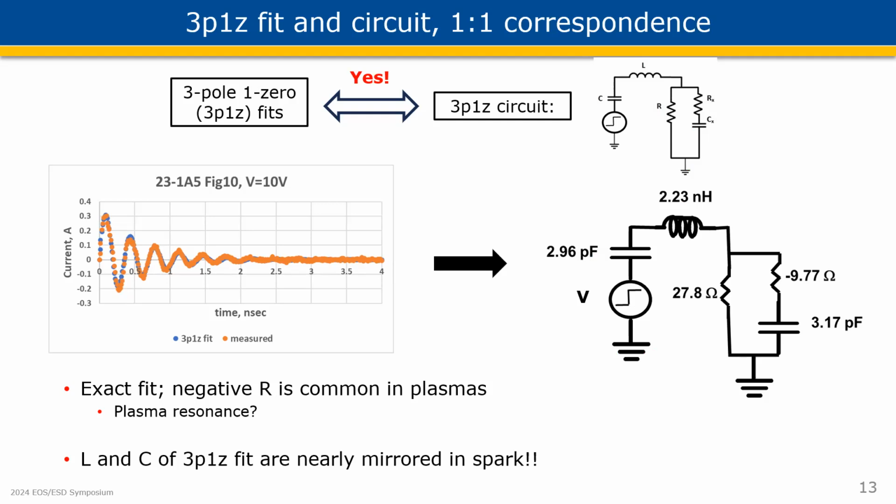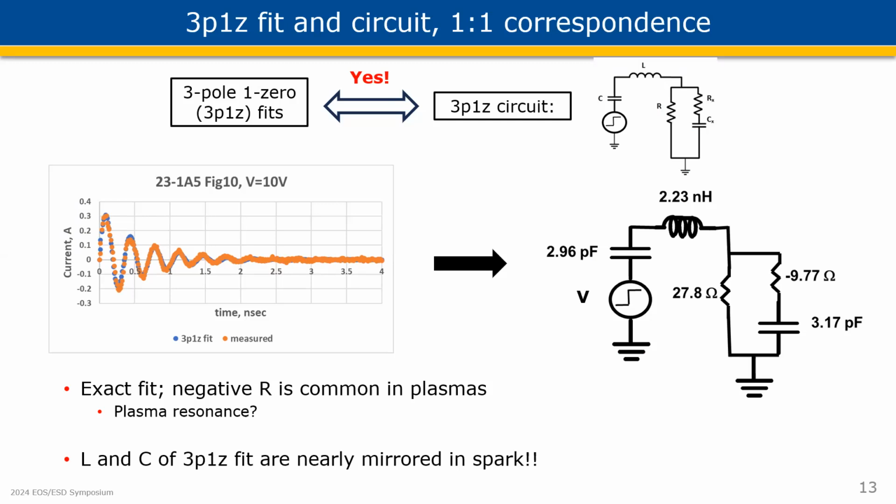But over in the spark half on the right, we have another capacitor that's kind of a mirror of the fixture capacitance that we know so well. And there's a negative resistance in that outer RLC loop, so that's why the vigorous oscillations, and then those are drained off by the 28 ohms in parallel there, so that it damps out gradually as expected. And all the real poles, all the actual poles and zeros are in the left half plane as expected.